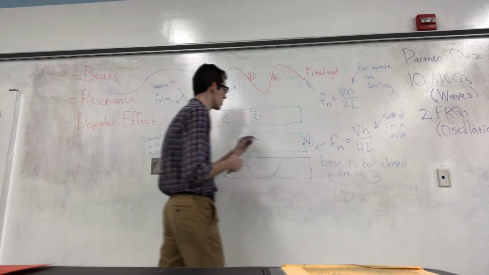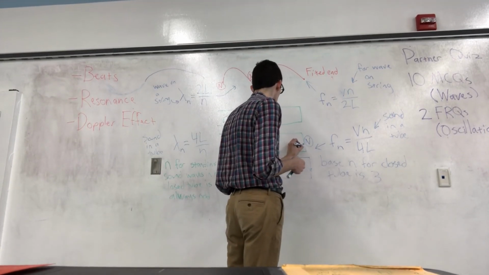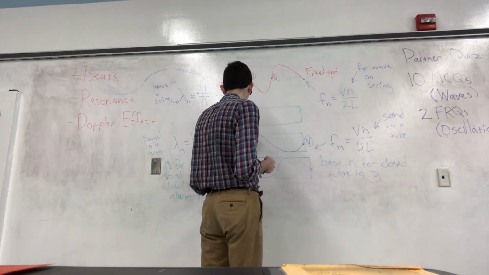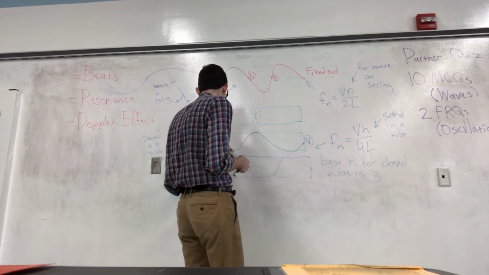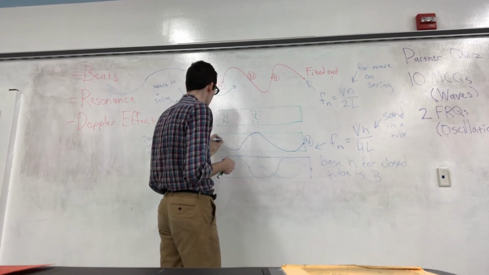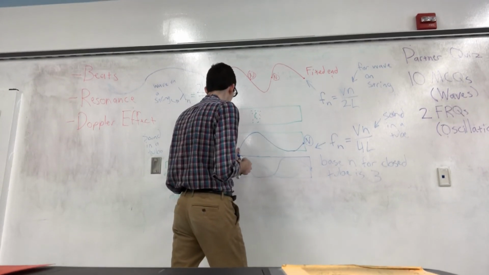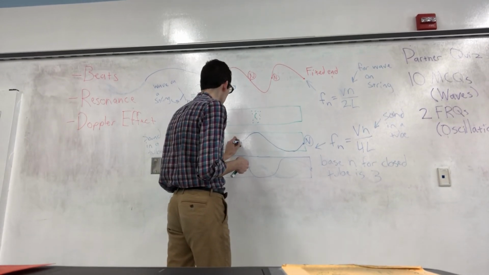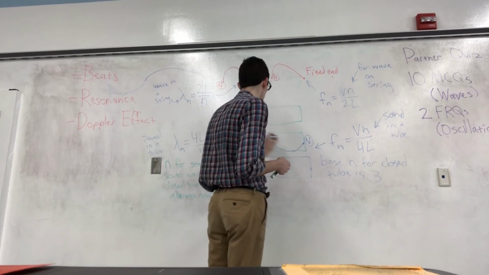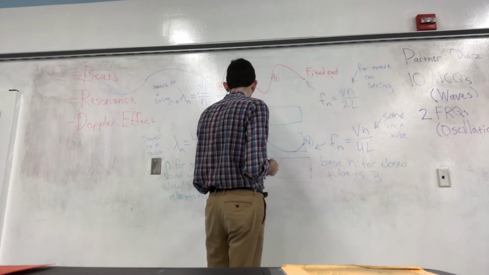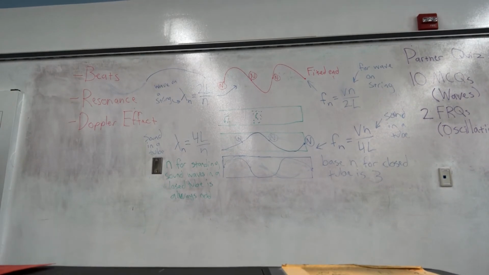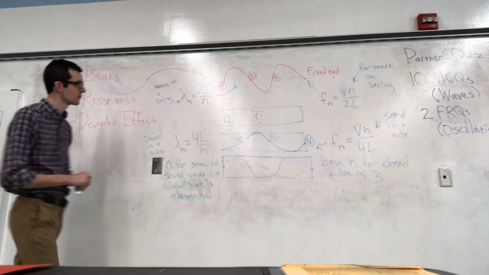Let's say a wave that starts here, it goes down, up, and down, and up. There we go. So you've got a node here, node there. So this would be n equals 3. So yeah, you could have a wave in an open tube that was 3 or however many.